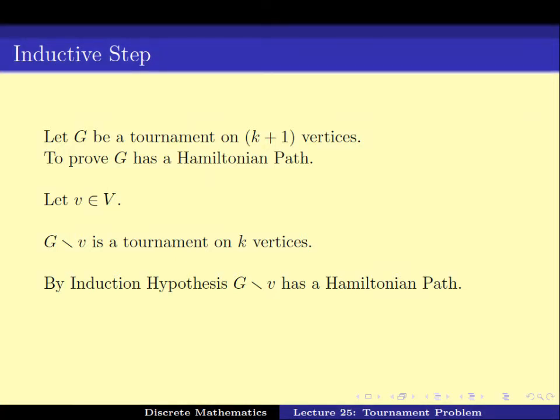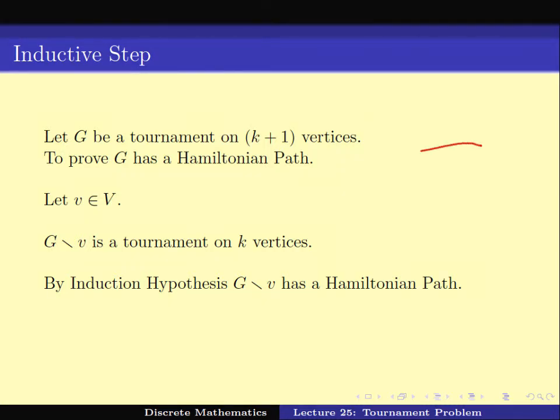Now, what does that mean? Let's try to draw it once again very carefully. So G minus V has a Hamiltonian path. Say this is the Hamiltonian path. Let me draw the vertices in blue.